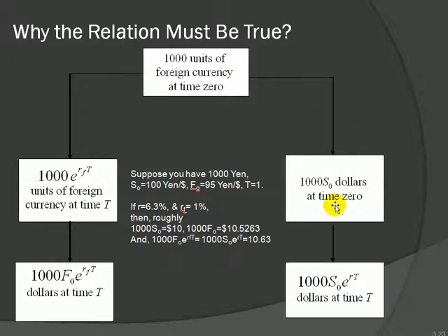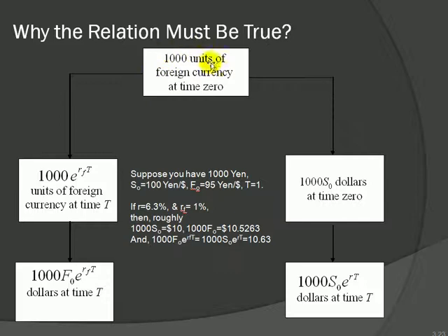You put that money into a US bank, and then it'll grow to 1,000 s0 times e to the RT at time t, right?